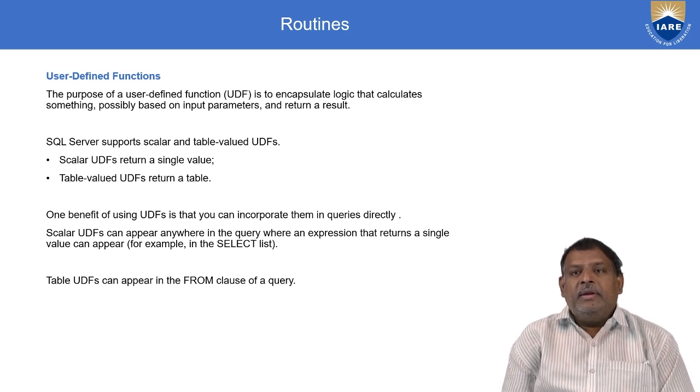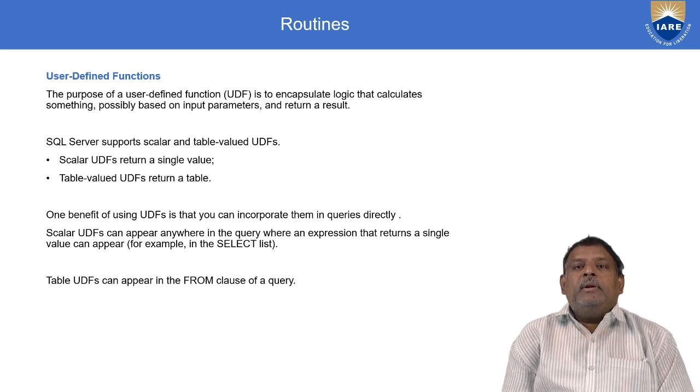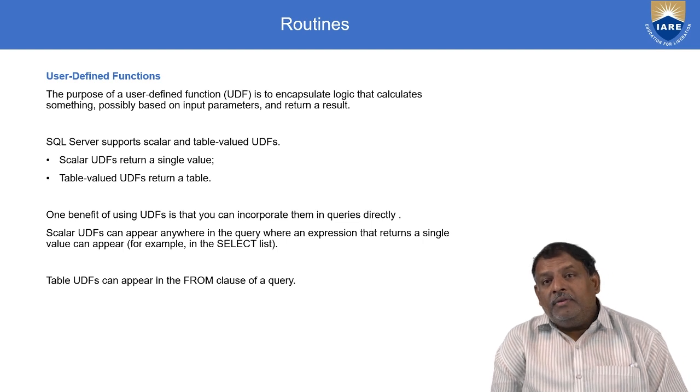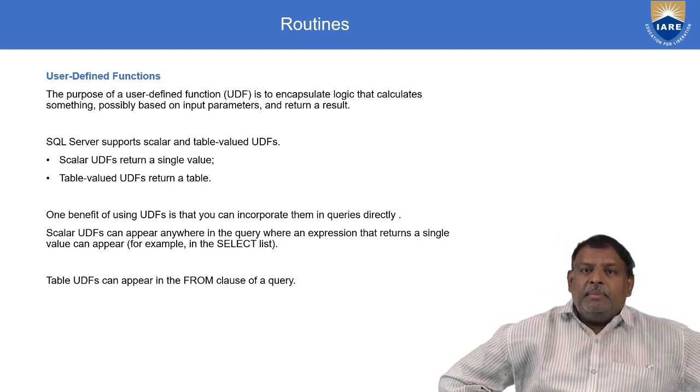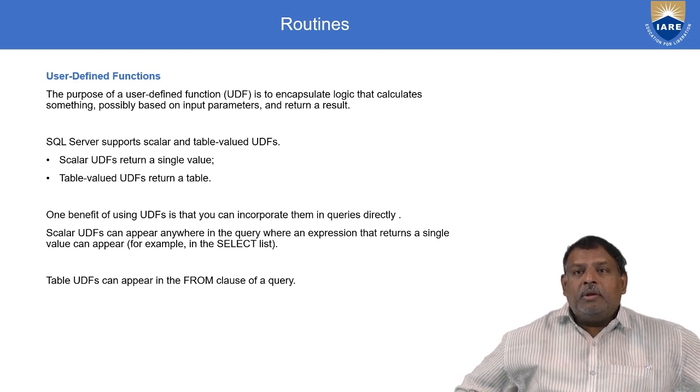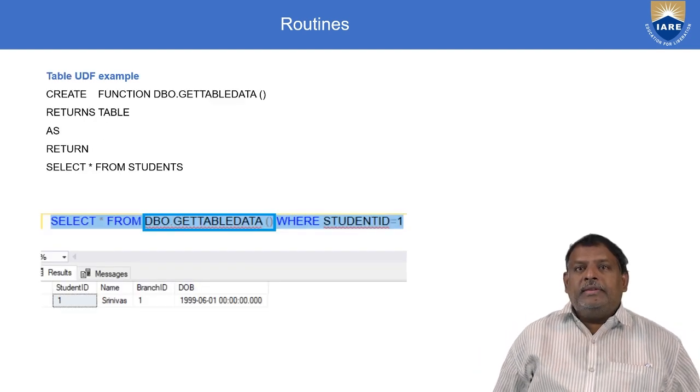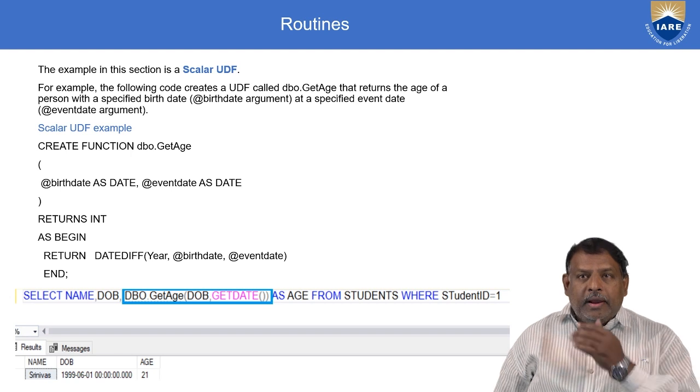For example, select GETDATE. GETDATE is a function; you can directly call it in the select statement. Table UDFs can appear in the FROM clause of a query, whereas scalar UDFs can appear only in the select list. Now we'll see an example of a scalar UDF.